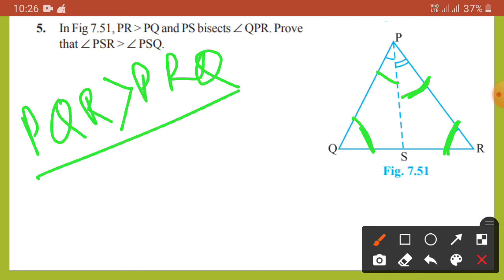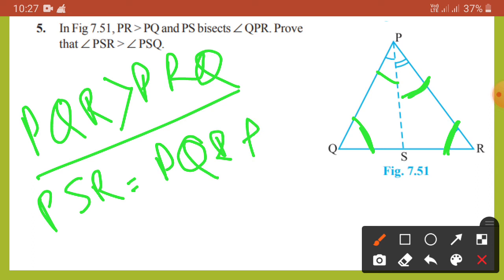Since PR is greater than PQ, and the angle opposite to the larger side is always larger, we write PQR greater than PRQ. Now PSR is equal to PQR plus QPS, since the exterior angle of a triangle equals the sum of the opposite interior angles.